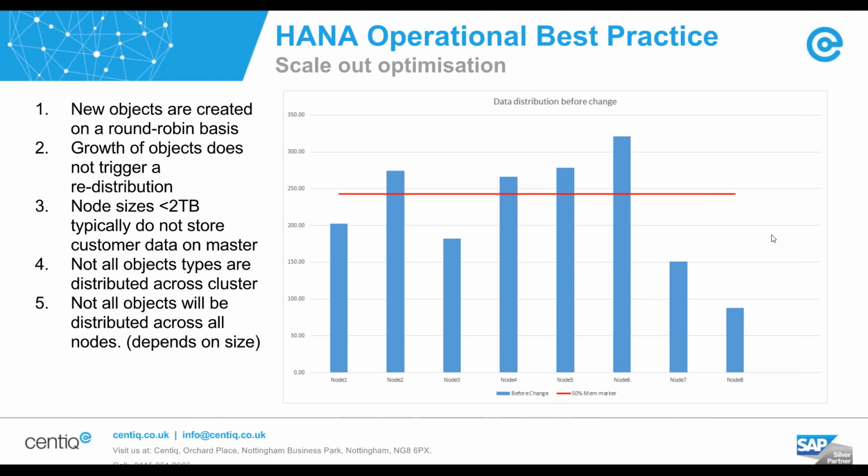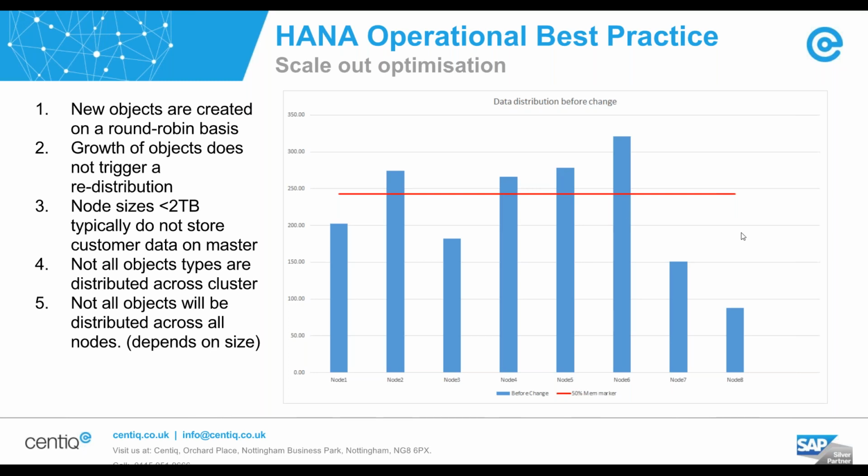I think the breakpoint is about 2 terabytes, where they change the rules so some data can go on the primary node, on the master node, I should say. So you can see there's a lot of variables in play, and depending on how things grow, it's quite likely to end up out of balance.